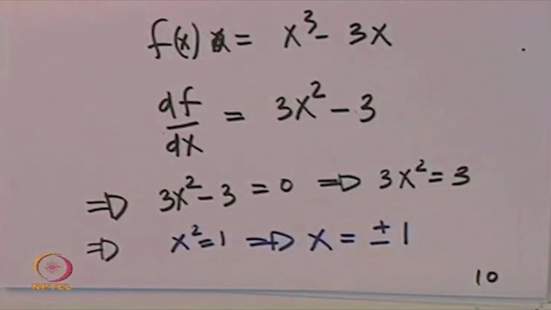So, at x equal to plus 1 and minus 1, you have extrema, either a maximum or a minimum. We do not know yet which is which, so that must be found out.